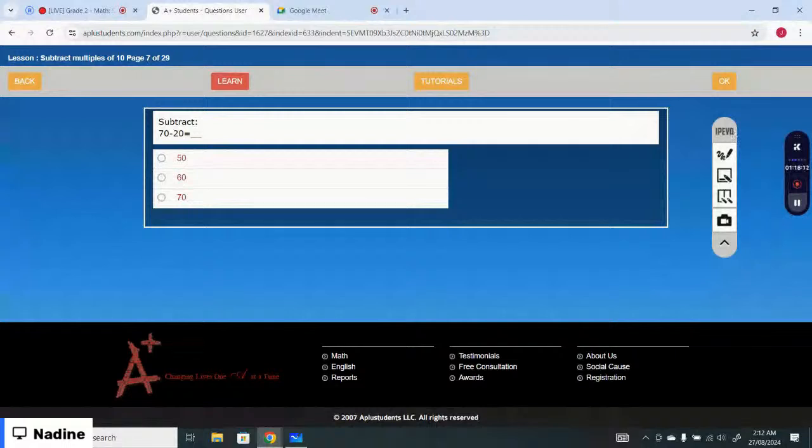Yes, 70 take away 20 is 50. So the correct option is 50. Option number one is the correct option.